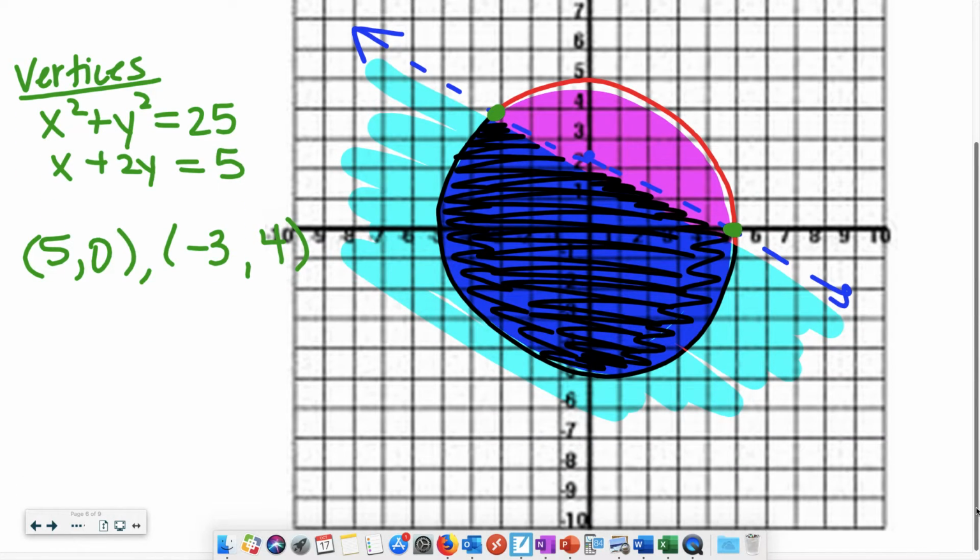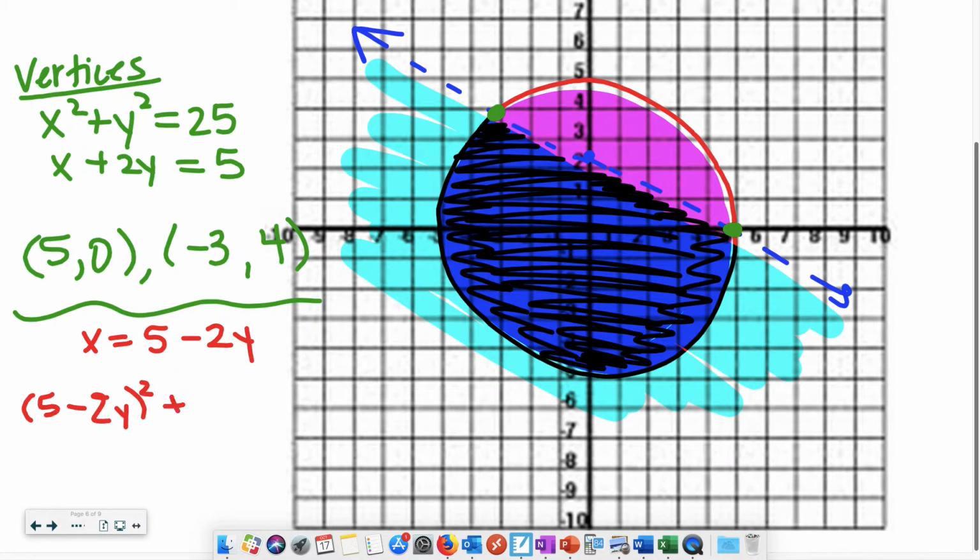Well, you could use substitution, right? You could say, all right, well, I know that x equals 5 minus 2y, and so then x squared plus y squared equals 25. Now you have a quadratic to solve.